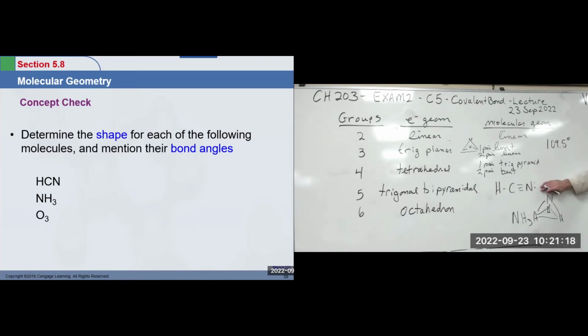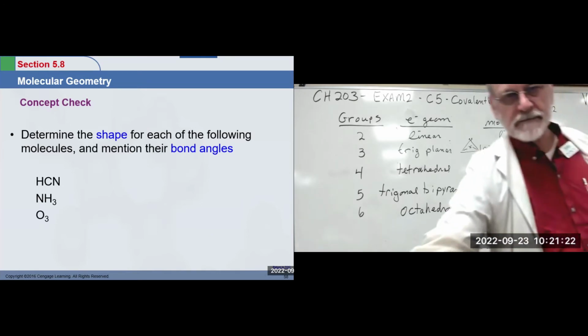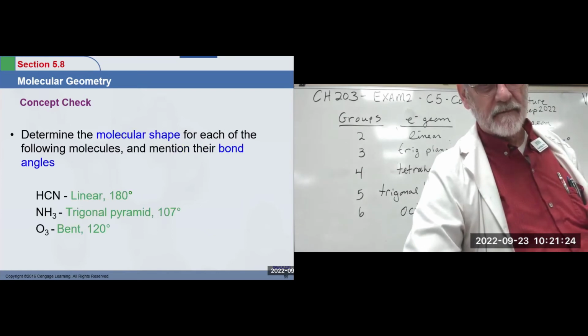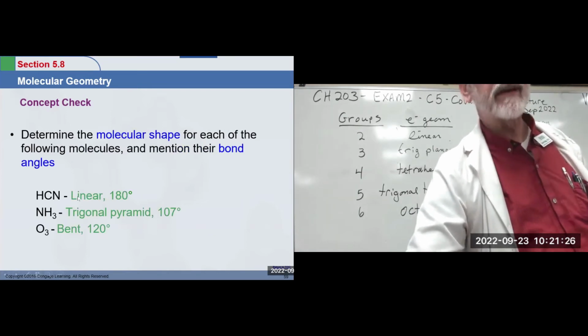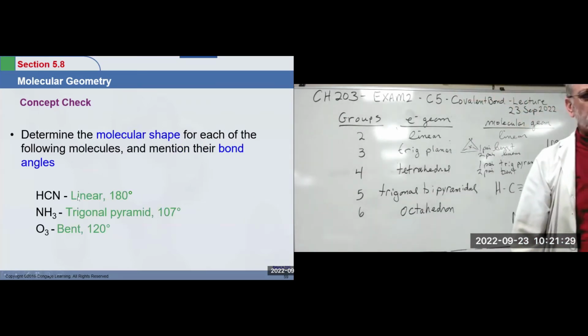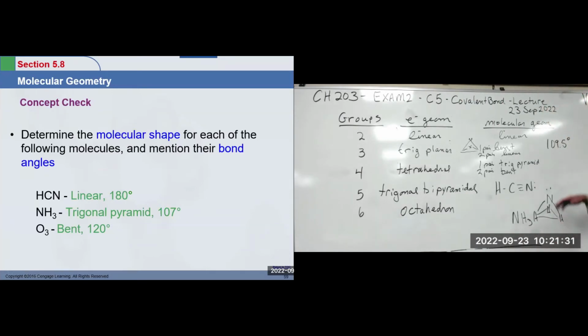It would be a trigonal pyramid for the molecular structure. Okay, so linear is always 180 degrees. Trigonal pyramid, notice that it's not 109.5 anymore because this lone pair squeezes these guys down. So it makes it a smaller angle in here.